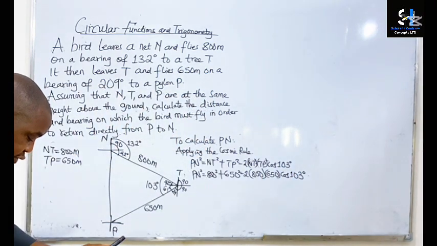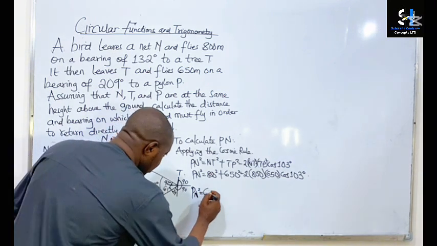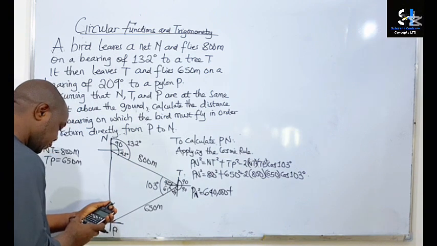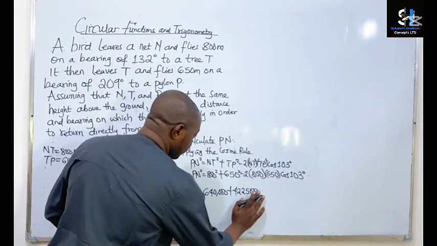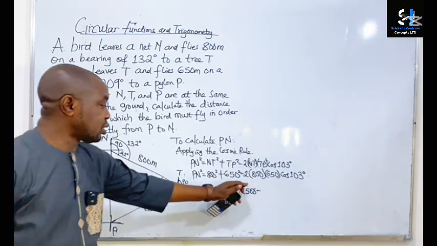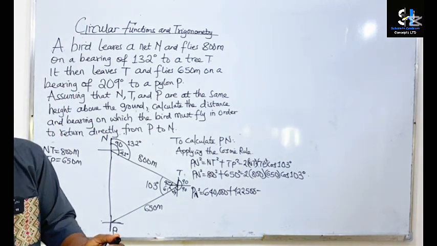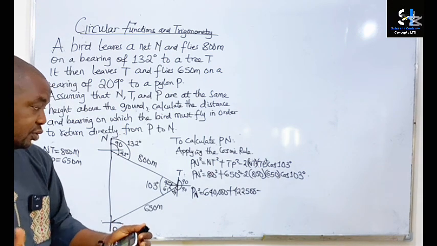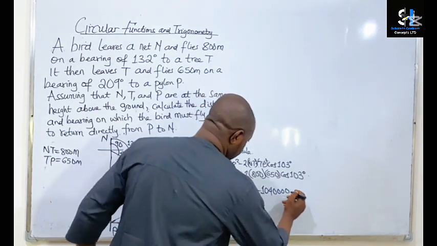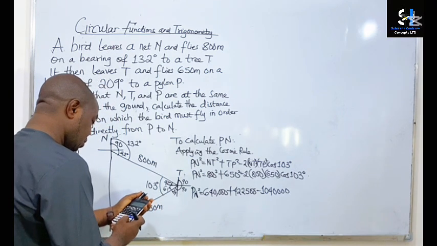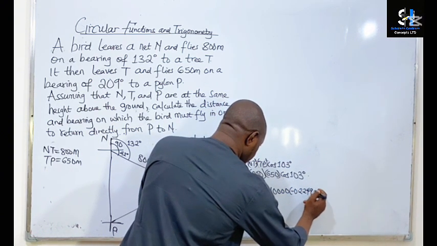For 800 squared, we have 640,000, plus 650 squared, which is 422,500. That gives 1,062,500. Then minus 1,600, because 2 times 800 is 1,600, multiplied by 650, that will be 1,040,000. Then cos 103 is negative 0.22495.